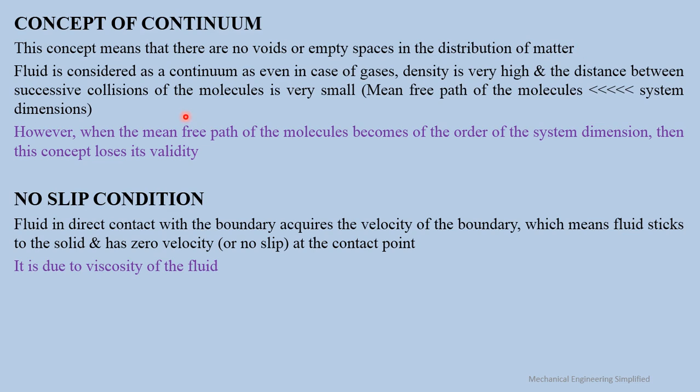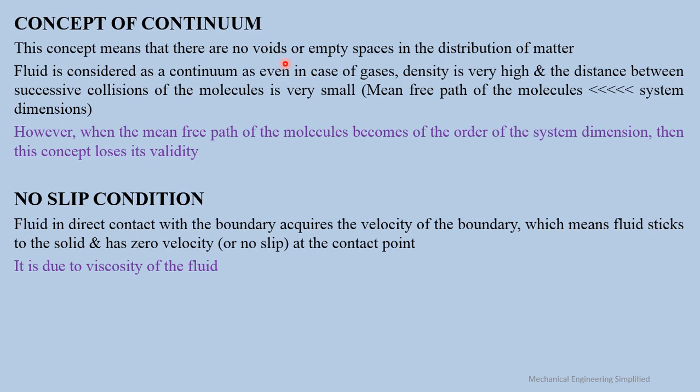However, when the mean free path of the molecule becomes of the order of the system dimension, then this concept loses its validity. That means when the mean free path of the molecules becomes of the order of the system dimension, at that time we say that the system has become rare.